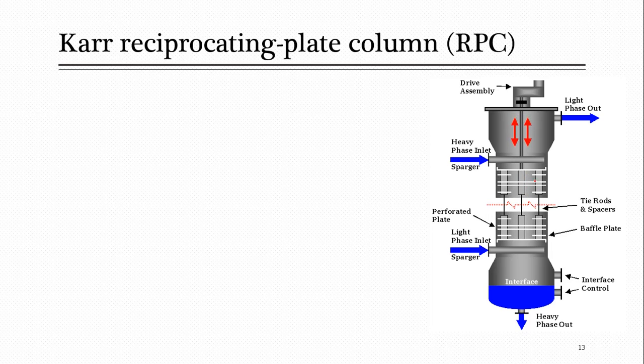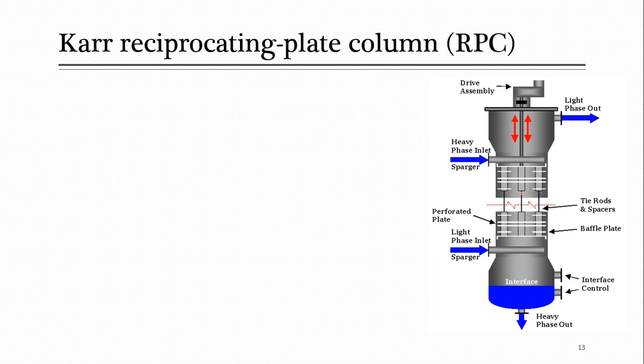They can be just simple perforated plates, containing holes. What is happening here overall is that the shaft is moving, so this overall assembly is moving back and forth, and with this, agitation will be created inside this system. Due to this agitation, mixing will definitely be improved.